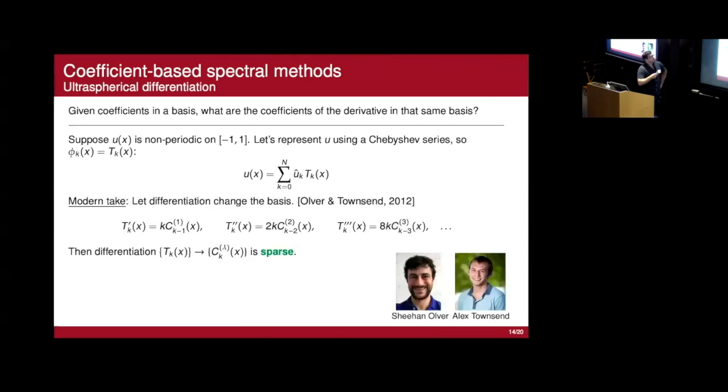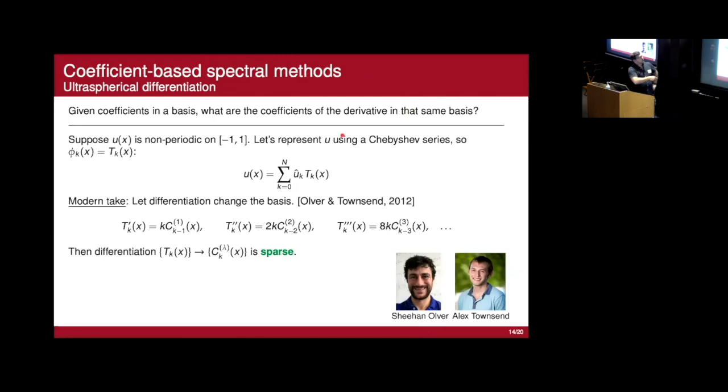But the modern take on non-periodic coefficient-based differentiation is called ultraspherical differentiation. And the trick is, let's just let the operation of taking a derivative change the basis that we're living in.